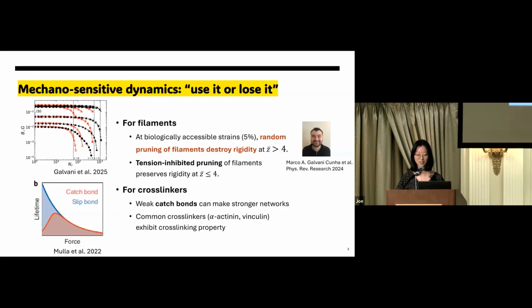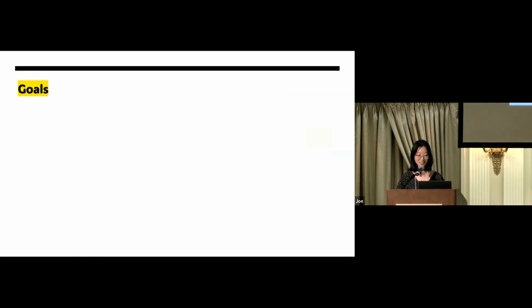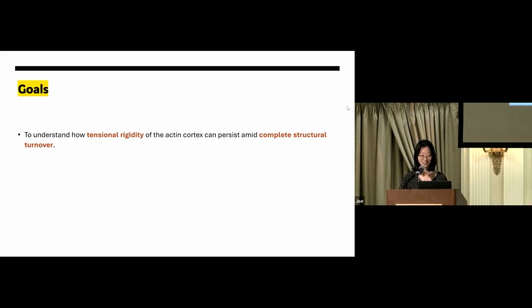And indeed, we have found enzymes and proteins that exhibit both tension-inhibited pruning and catch-bond crosslinker properties. However, how the mechanosensitivity contributes to rigidity homeostasis is not fully known. So the goal of this work is first to understand how tensional rigidity of the actin cortex can persist amongst complete structural turnover.